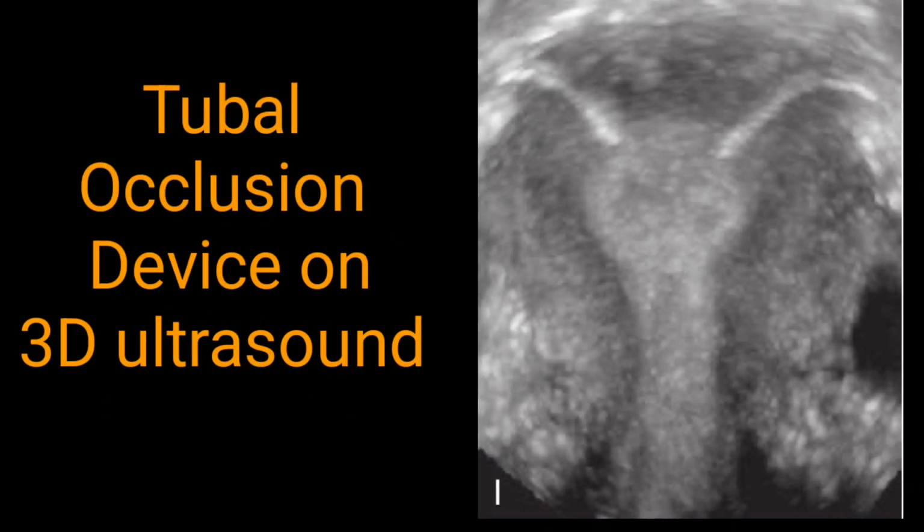If she is a candidate for 3D ultrasound, go for that and confirm whether there are tubal occlusion devices or not. If it is confirmed on the 3D ultrasound, fair enough. If not, always look for the MRI. MRI is the best modality to explain all these tubal occlusive devices.